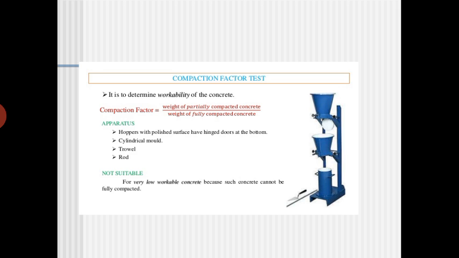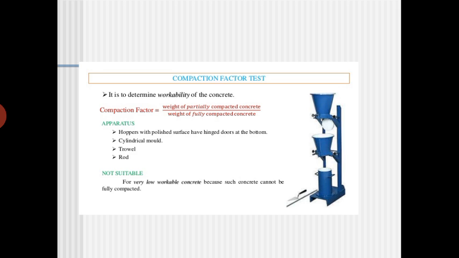Then the second one is the weight of the fully compacted concrete, which means with an external force we are making it fully compact. So for this procedure, we are using different apparatus.